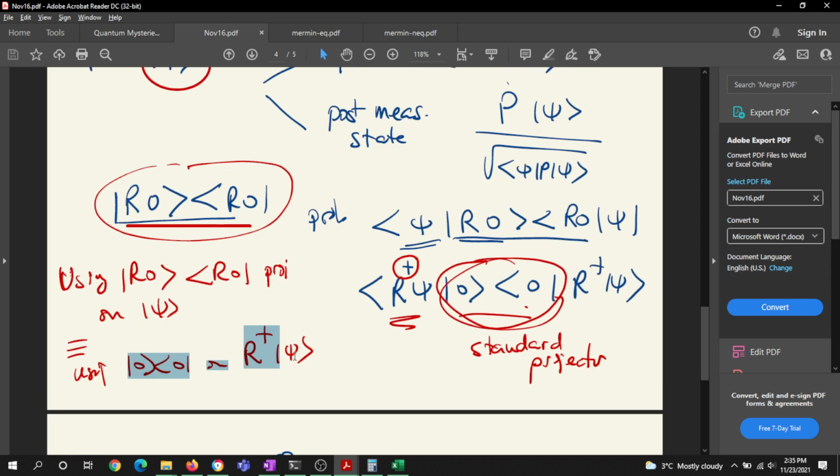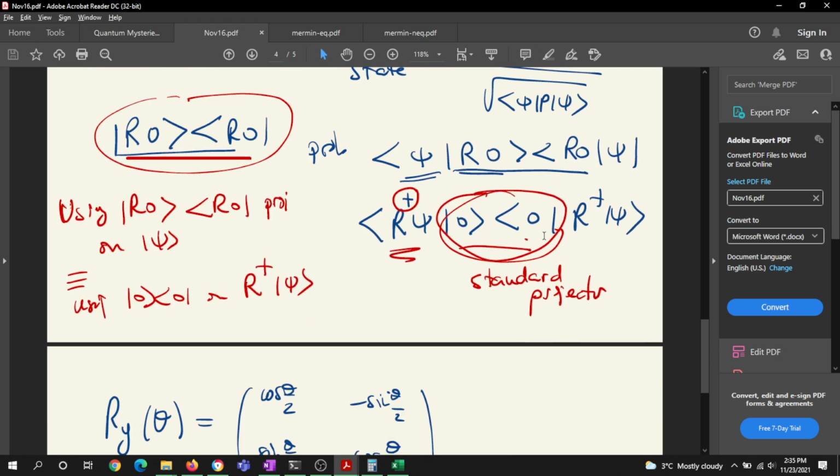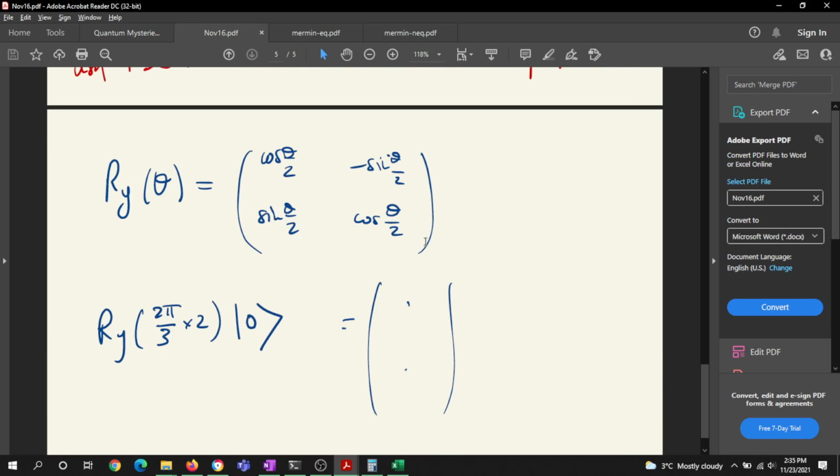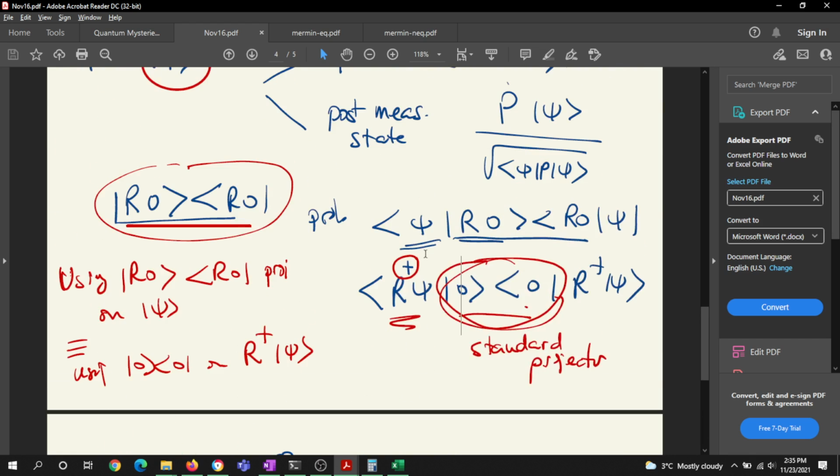So by taking the complex conjugate transpose of the rotation matrix and bringing it out, we can then just use the 0 basis, so we can just measure in the standard computational basis. Then using this formula, we are able to implement this in Qiskit as our basis for measurement and everything like that.